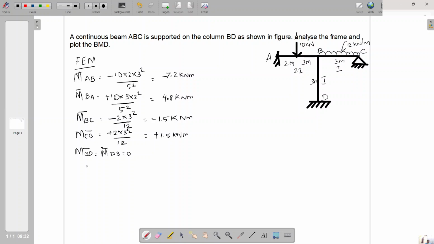Next one, distribution factor, second step. For the distribution factor, we can form a table because here the joint B consists of 3 members. First of all, joint, member, the relative stiffness K, summation of stiffness values and distribution factor.